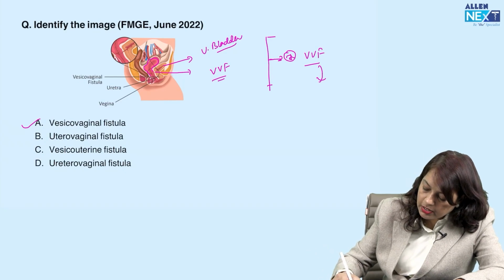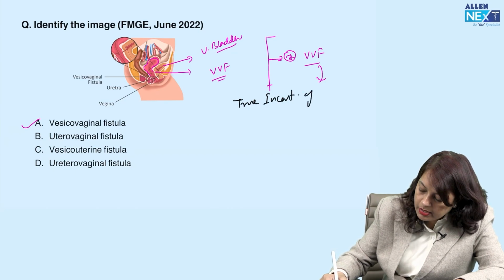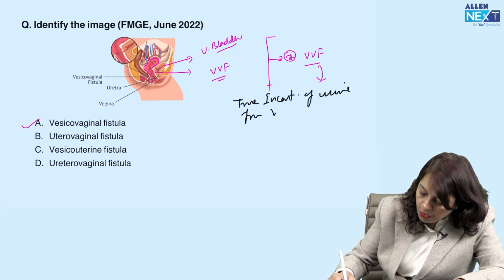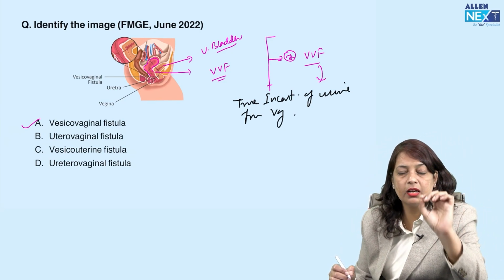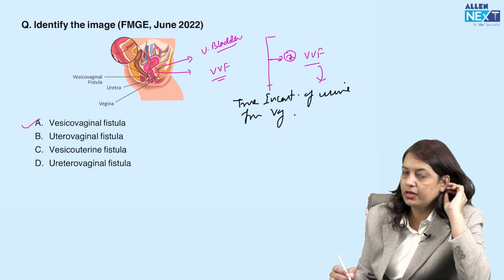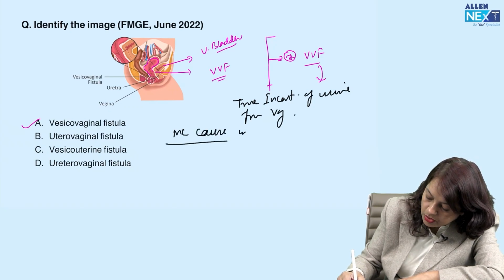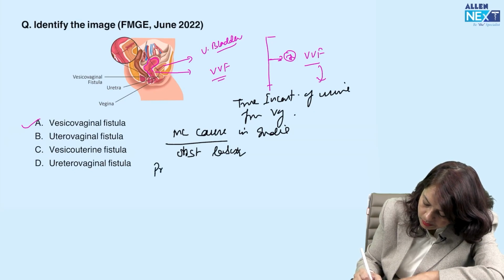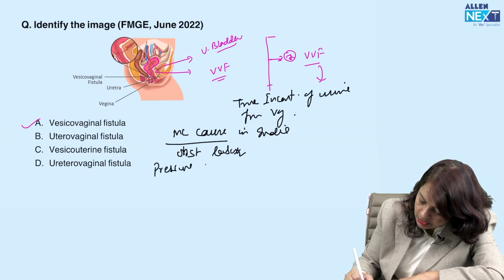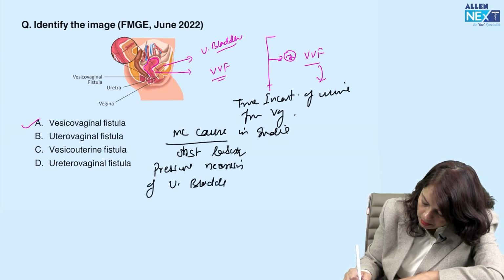And the symptom of vesicovaginal fistula is true incontinence of urine from the vagina. That is continuous dribbling of urine from the vagina. She does not have any hold on urination. Okay. So the most common cause for vesicovaginal fistula in India is obstructed labor leading to pressure necrosis of the urinary bladder.